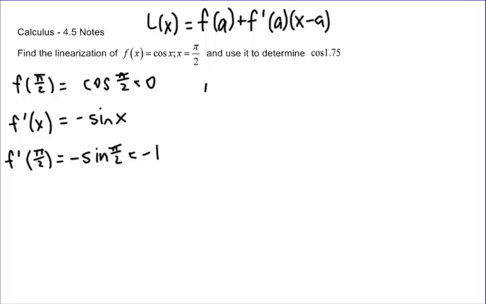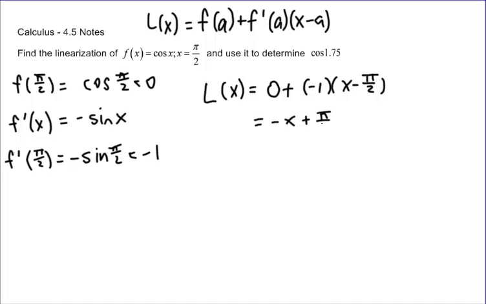So our linearization is f of a, which is 0, plus f prime of a, which is negative 1, times x minus pi over 2. This gives us negative x plus pi over 2 for our linearization.